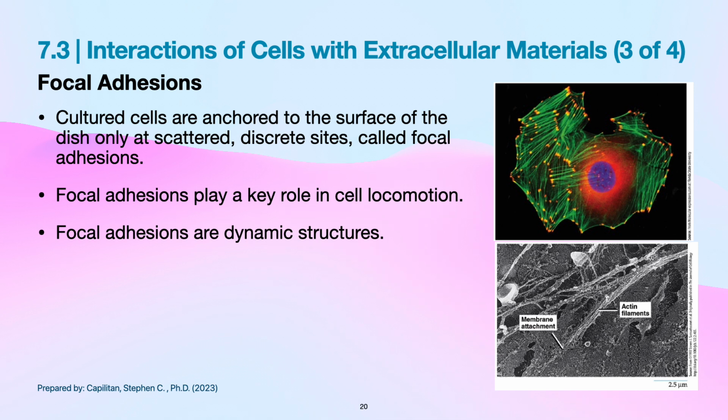Showing you below the cytoplasmic surface of a focal adhesion of a cultured amphibian cell, shown here after the inner surface of the membrane was processed for quick-freeze deep-etch analysis. There are also bundles of microfilaments associated with the inner surface of the membrane in the region of the focal adhesion. Focal adhesions again play a key role in cell locomotion, and they are dynamic structures.